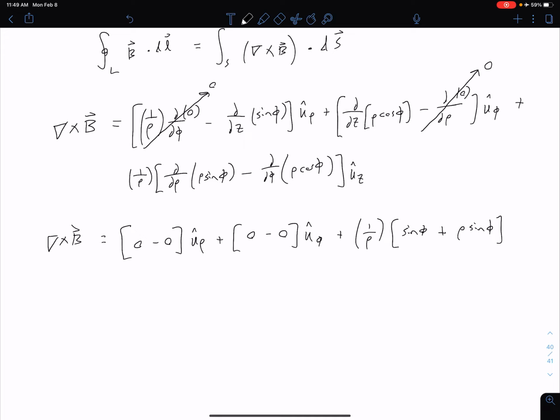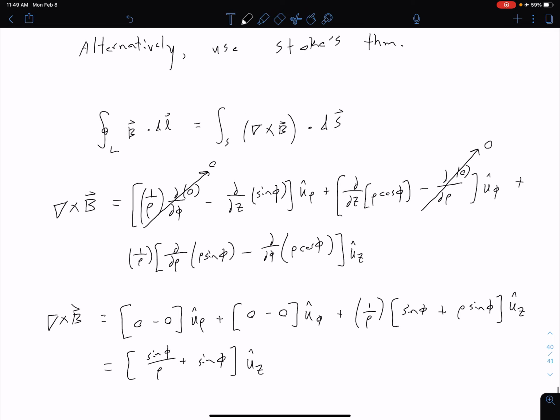So the rho is just like a constant when we're deriving with respect to phi. And so all of that is in our z direction. So our curl of B simplifies then to sine of phi over rho plus sine of phi in our z direction. So just multiplying through that 1 over rho that was out front. Okay, so that's our curl of B.